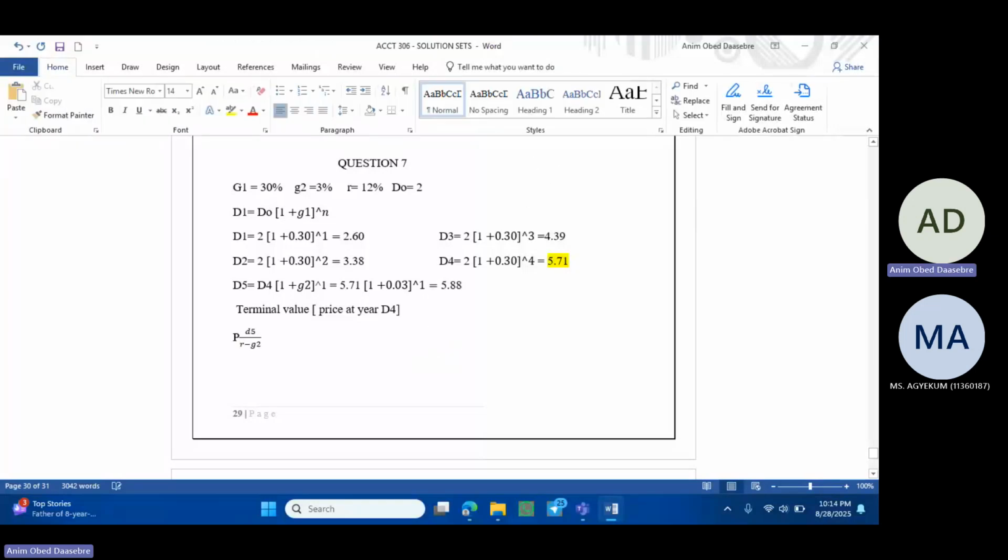And this will give us the price at year 4. Price at year 4.